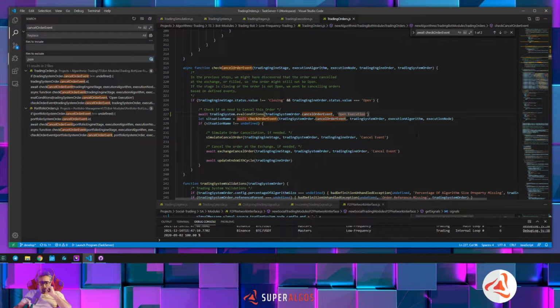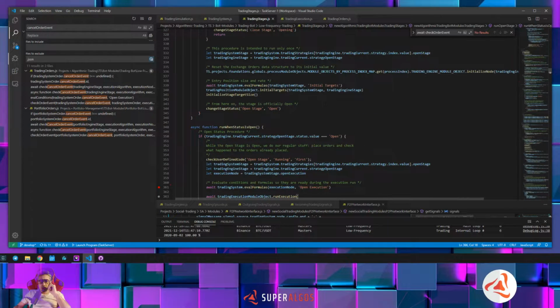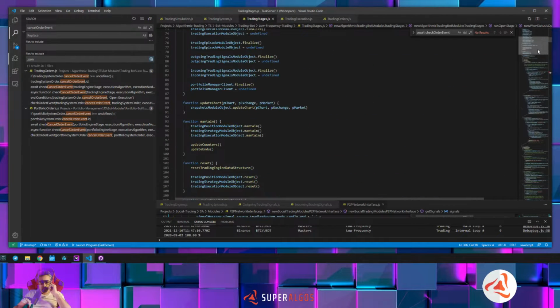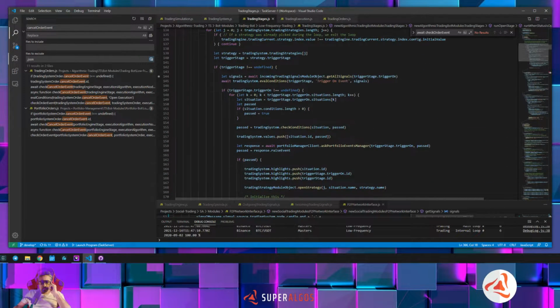I'm sending a parameter that probably is not right. At trading stages, when we were dealing with trigger on event, that had the name or the type of the node, but let's check eval conditions.